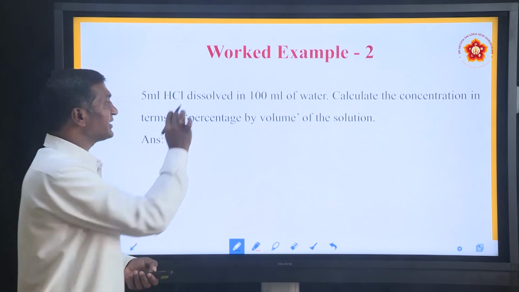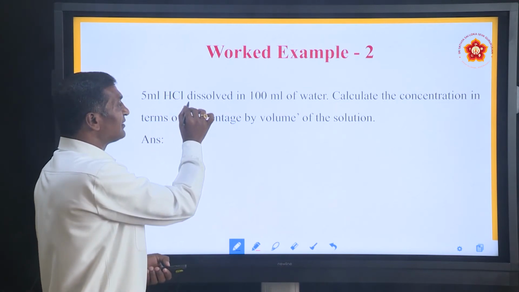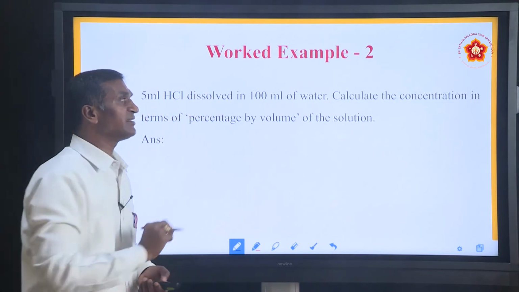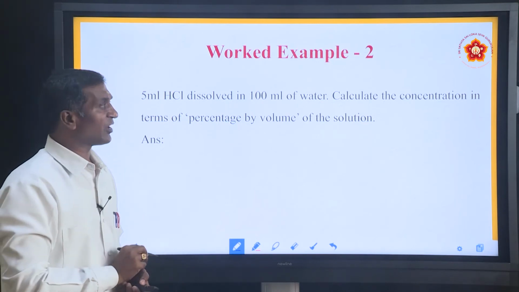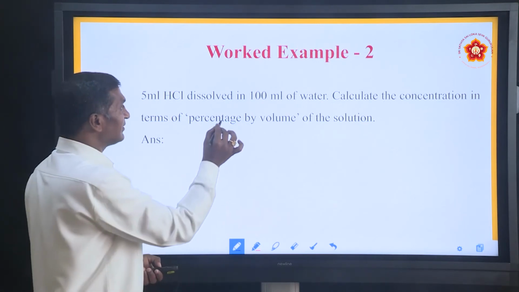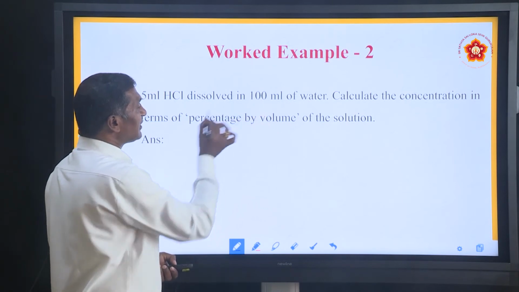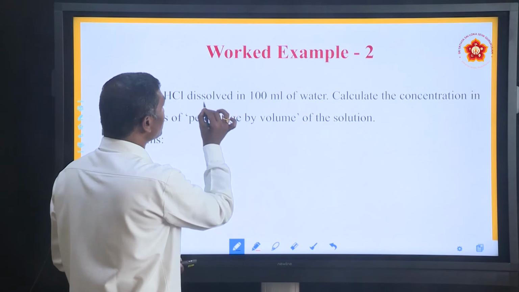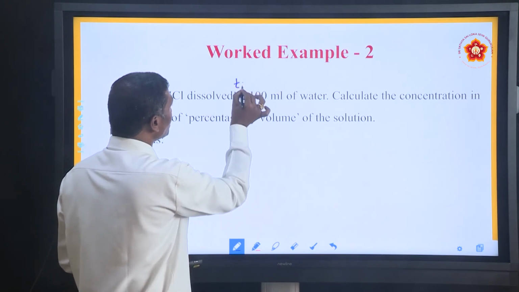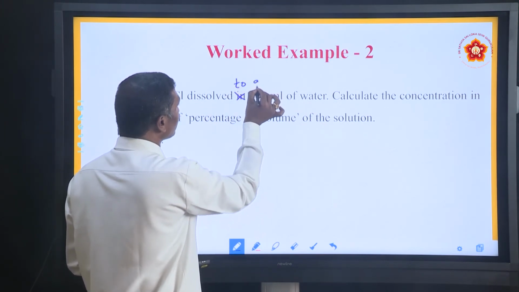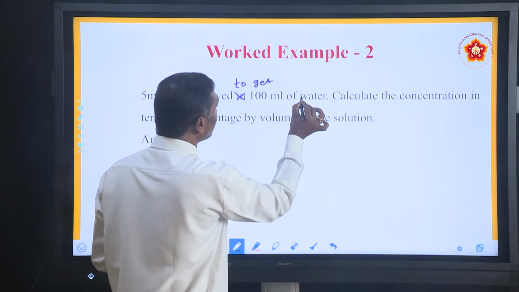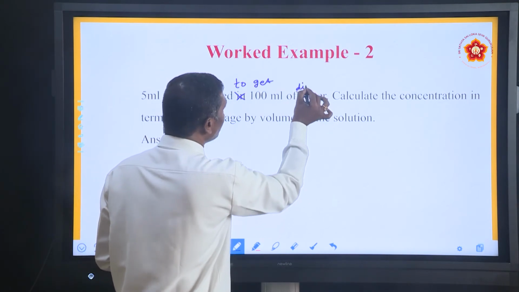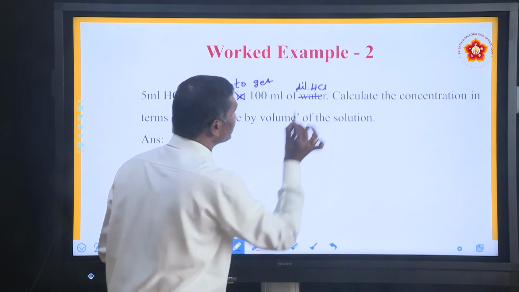The concentrated HCl is being dissolved in 100 ml of water. Here a slight change you have to make in the problem: dissolved to get 100 ml of dilute HCl, it should be.